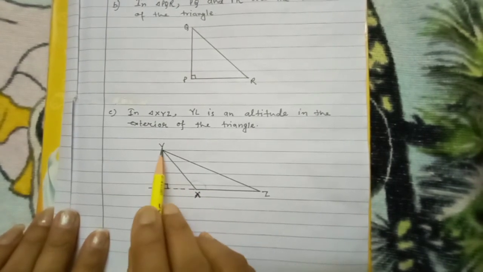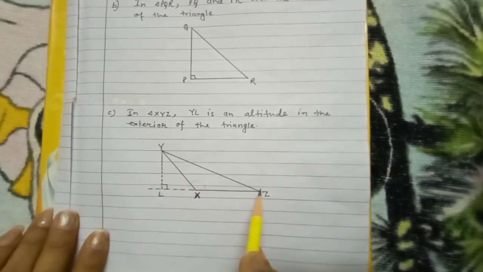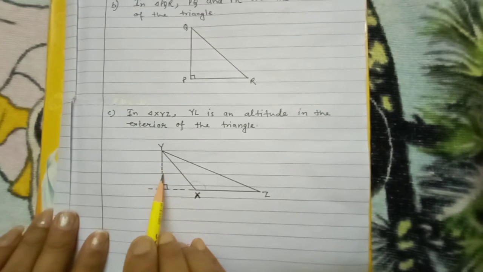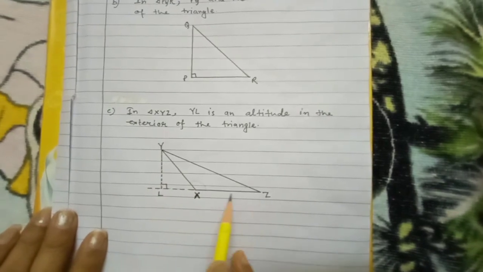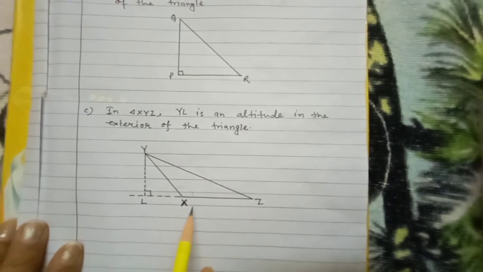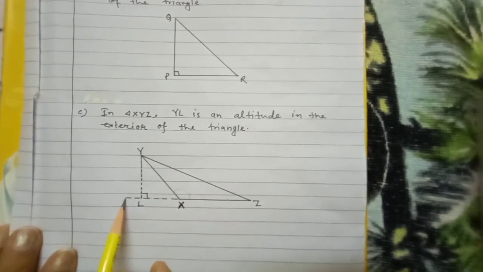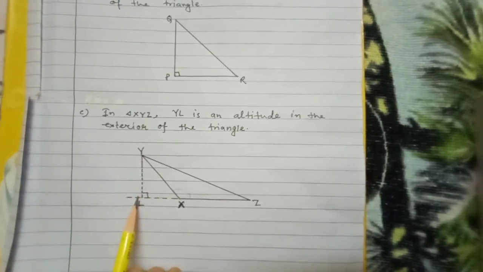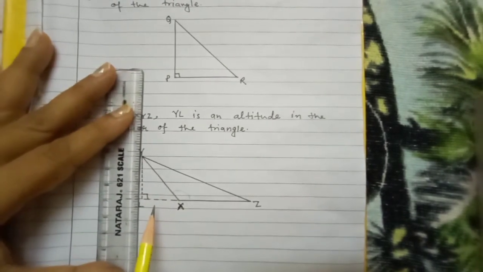Say XYZ is the triangle. From Y, you have to draw the altitude. On the extended portion of ZX, produce ZX, make a dotted line and draw an approximate perpendicular on it.